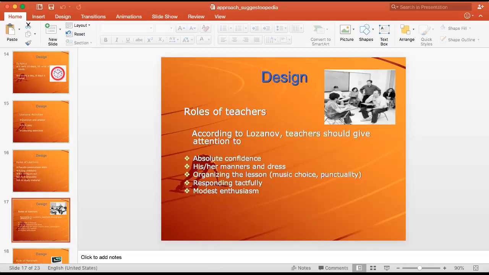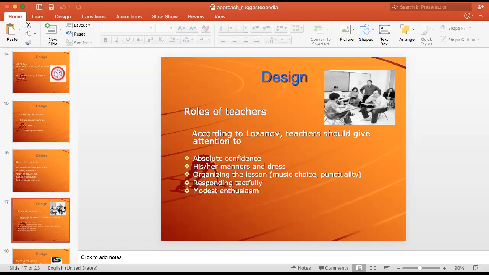Okay, and the more of the responsibility in the teaching learning process in Suggestopedia lies with the teacher. As we have already seen in the class, the teacher keeps on saying that you would learn it automatically, and she's the one who's doing more things in the class, right? So with authority comes a responsibility also, right?